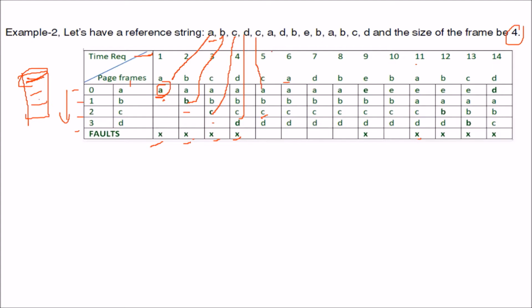Again, we'll try the page replacement technique, first in, first out, but A is already there, so there is no point. Then D will come. D is already there in the frame, so no page fault. B will come. No page fault.